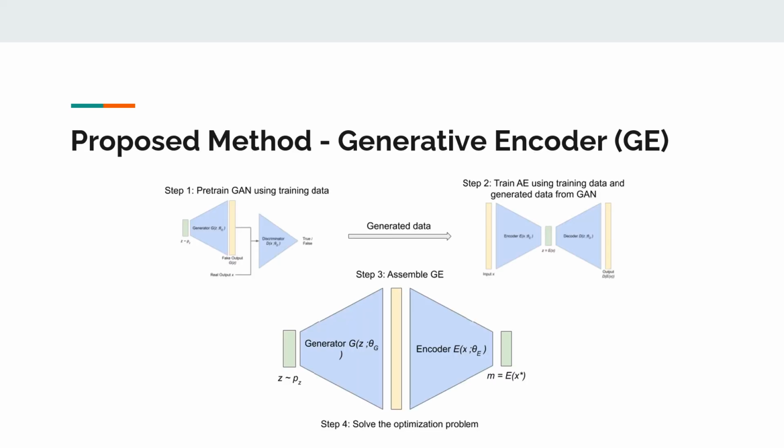Pictorially, the training process is better summarized in the below diagram. First, we pre-train the GAN using training data. With the samples generated by the GAN, together with the training data, we can then augment the autoencoder training data to train the in-painting objective.